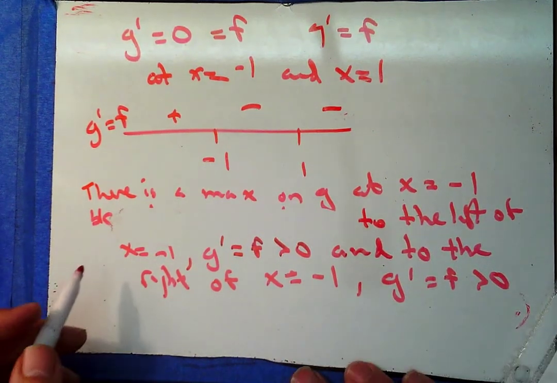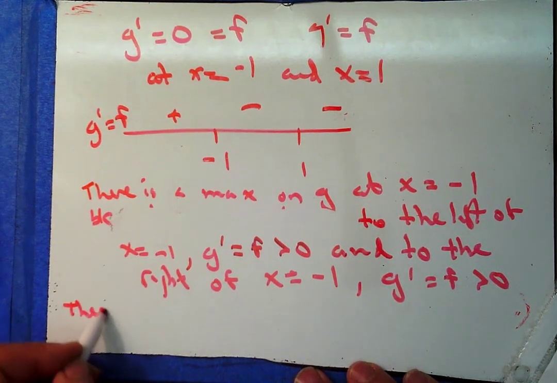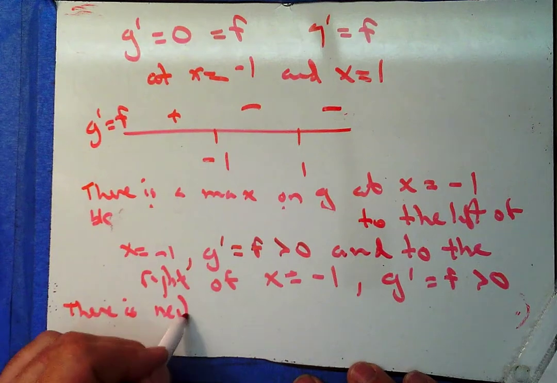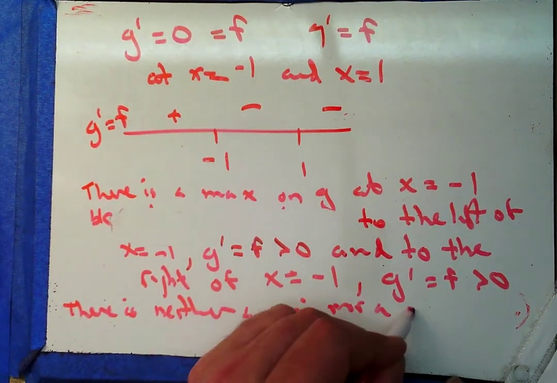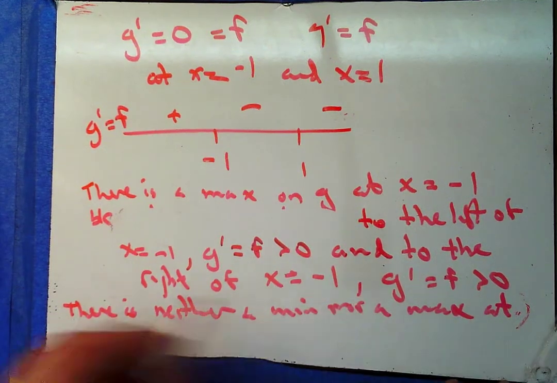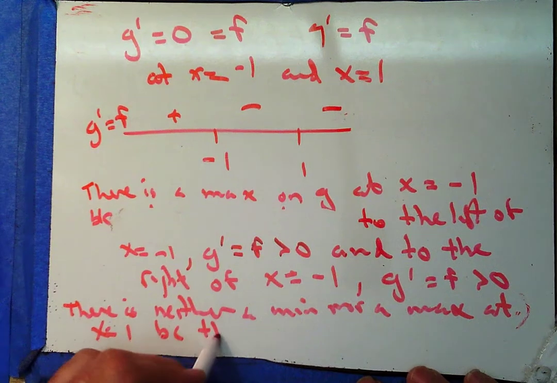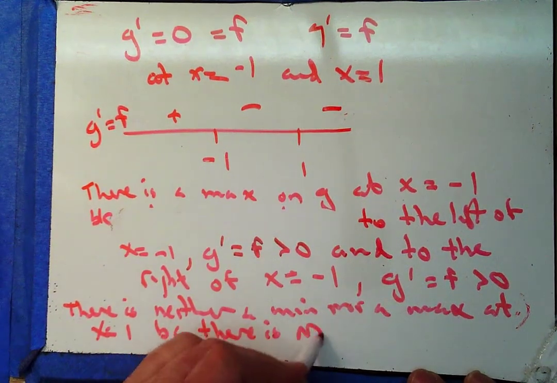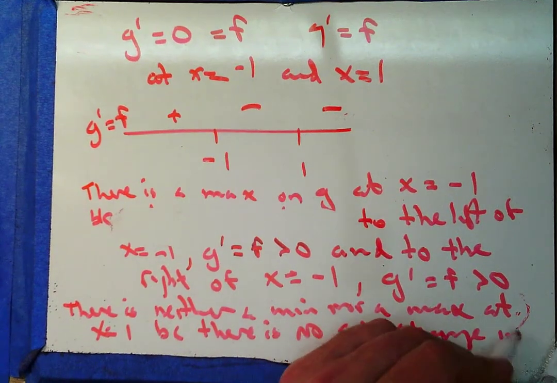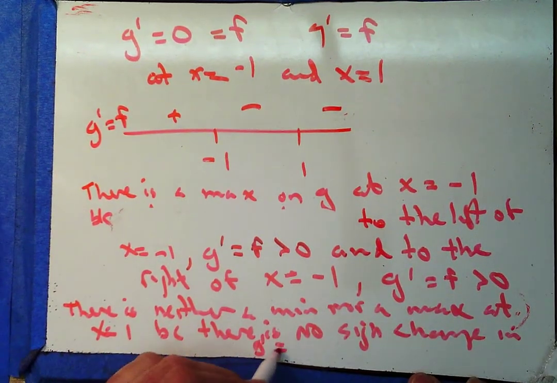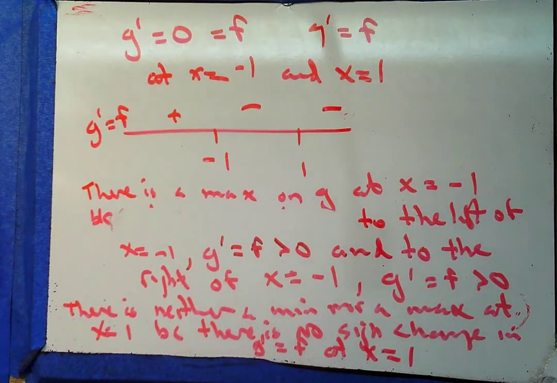Okay, what's next? We need to do the other one. There is neither a min nor a max at x equals 1 because there is no sign change in g prime equals f at x equals 1.